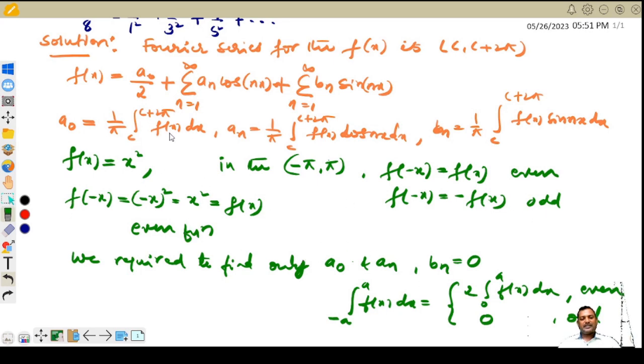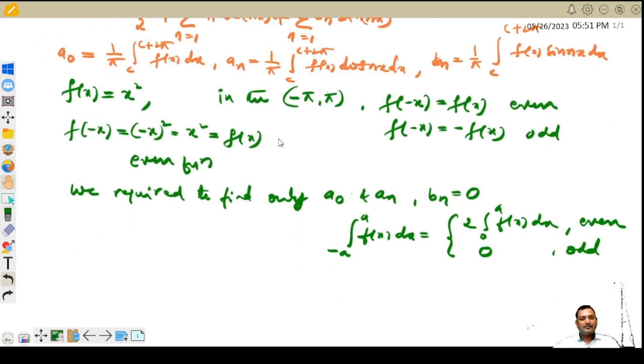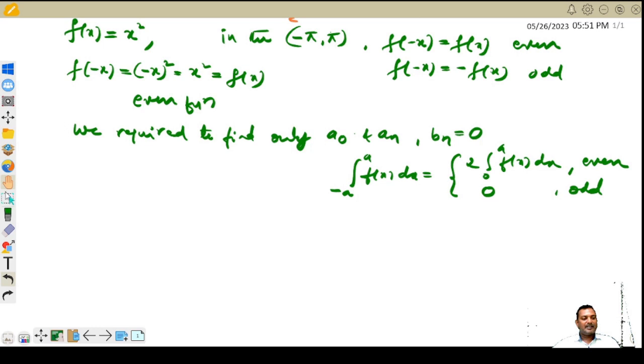Look at, if f of x is even, we are going to write the value of a naught. If f of x is even, then the a naught value becomes 1 by pi.